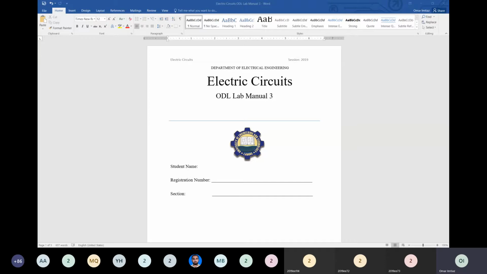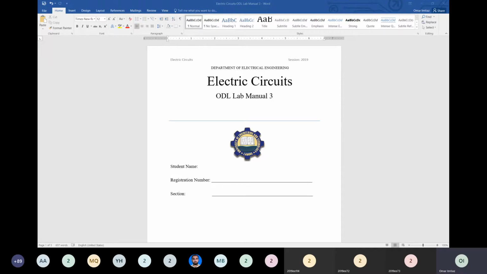Now that we're done with the DSO part, we can talk about lab manual 3. Lab manual 3 is going to be slightly different from lab manuals 1 and 2. The main reason is that I have tried to make it a little more challenging for you than the first two. The first two were too easy to simulate, too easy to figure out.